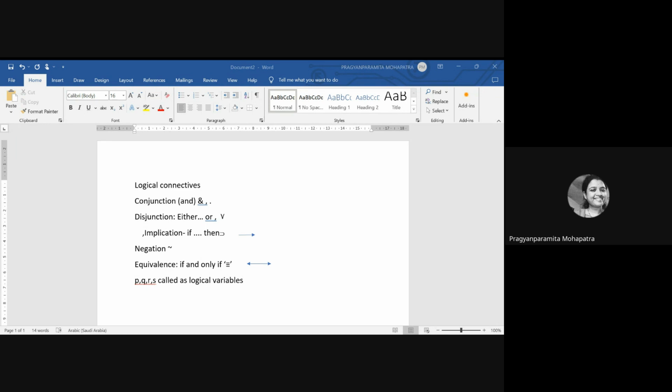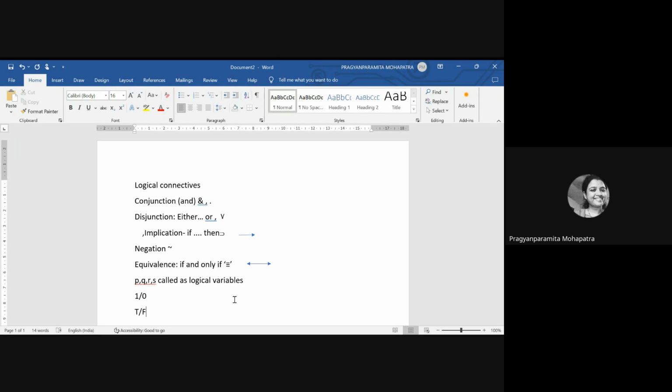True and false can be abbreviated as 1 and 0, or as T and F. Each proposition has a condition under which it is either true or false, and that condition is called the truth value of that proposition.